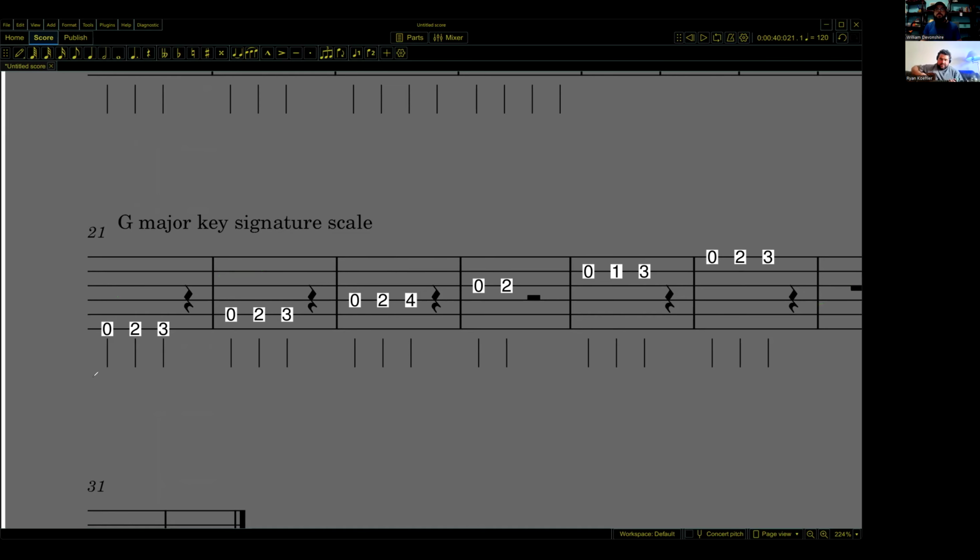Can you hear the song? Okay, let's try this. That's sounding awesome.